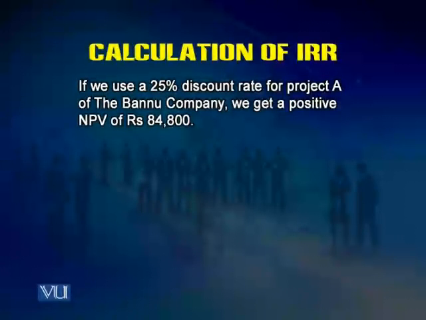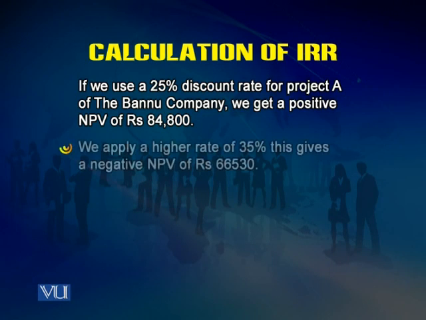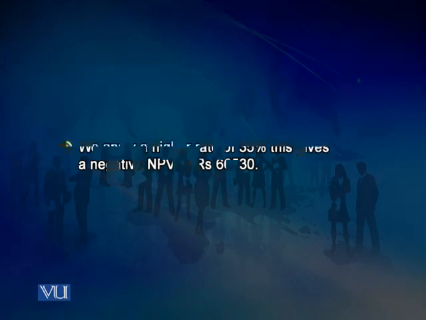Calculation of IRR. If we use a 25% discount rate for project A of the Bannu company, we get a positive NPV of rupees 84,800. We apply a higher rate of 35%, and this gives a negative NPV of rupees 66,530. Now we are using the cash flows in our example of the Bannu company.